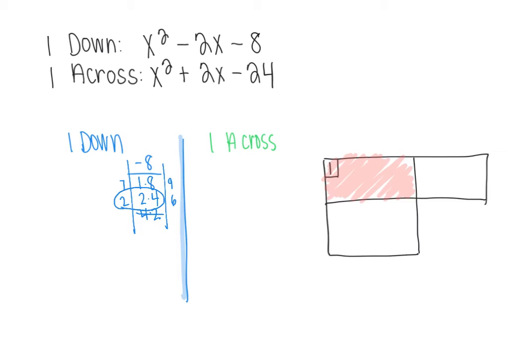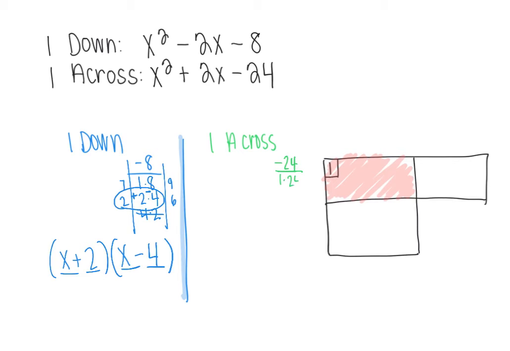Okay, and I know I'm looking for a negative 2, so I want this to be negative, I want this to be positive. So when I place my factors, I want an x, I want an x, I want a plus 2, I want a negative 4.